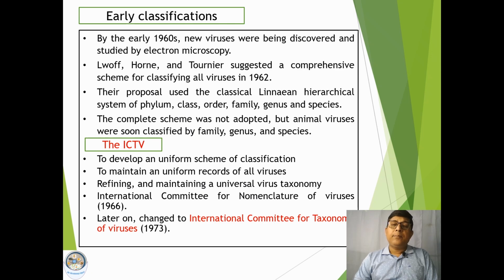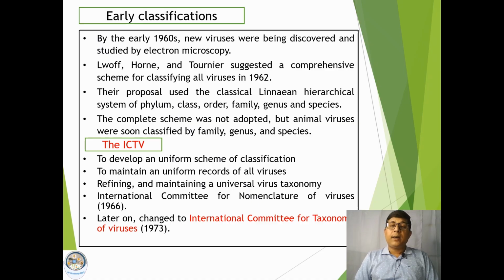Then, in the early periods, some classification systems were developed. The first comprehensive classification of viruses was suggested by three scientists in the year 1962, namely Lwoff, Horne, and Tournier.